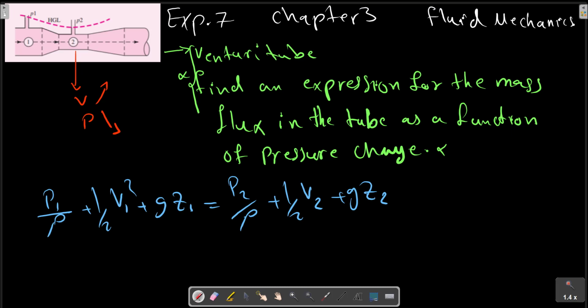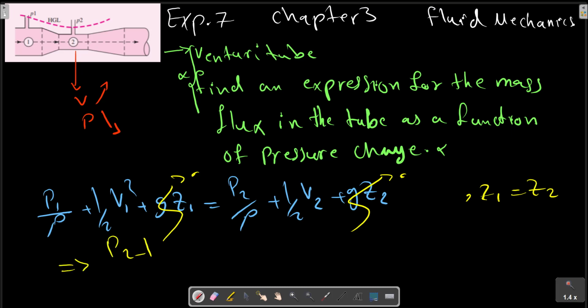So in this case we have Z1 equals to Z2, so these two components of the relation will be eliminated, and after simplification we have P2 minus P1 on rho equals to V1 squared minus V2 squared.